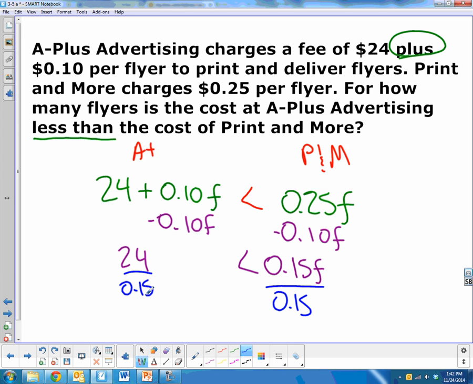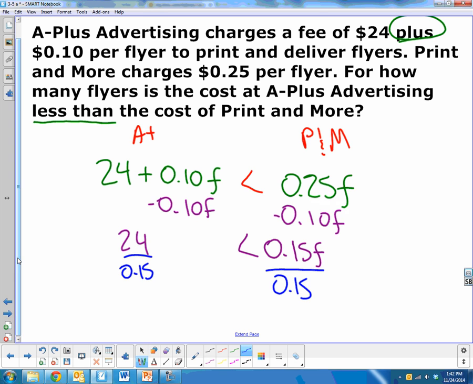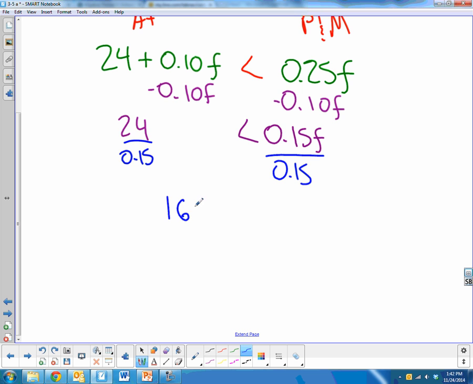That's not one that I'm prepared to do in my head right this second. So I'm going to take out a calculator and go 24 divided by 15 hundredths, and I'm going to get 160. 160 flyers. Less than X.